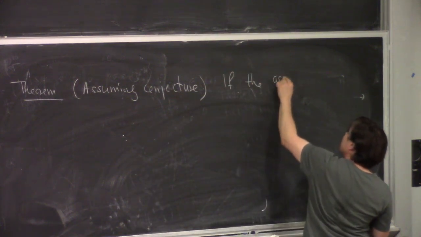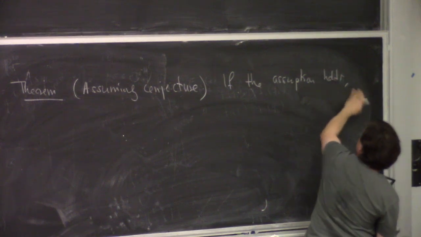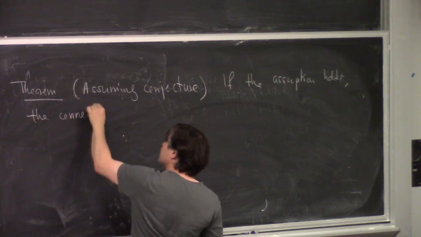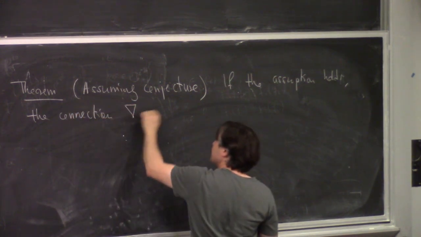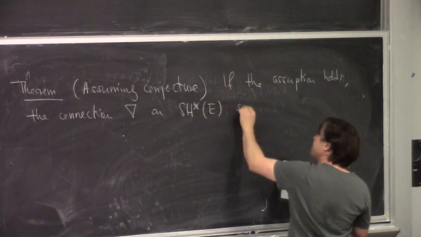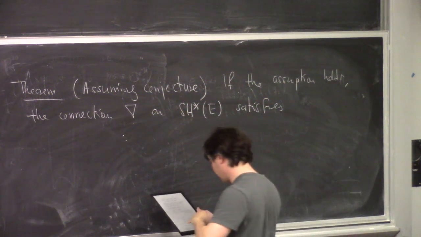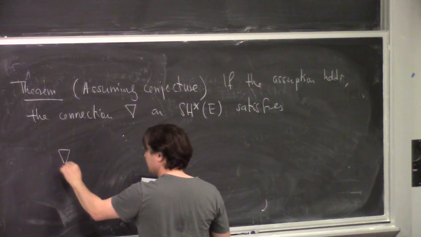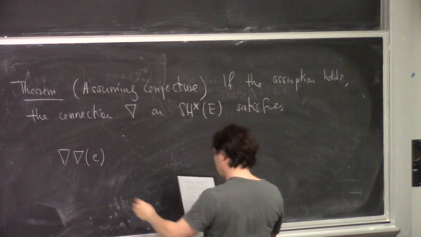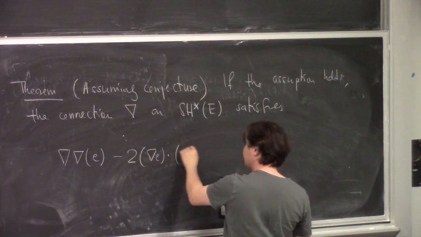so if the assumption holds, the connection satisfies this. Take the unit, apply the connection twice, minus 2 times applying the connection 1 squared.